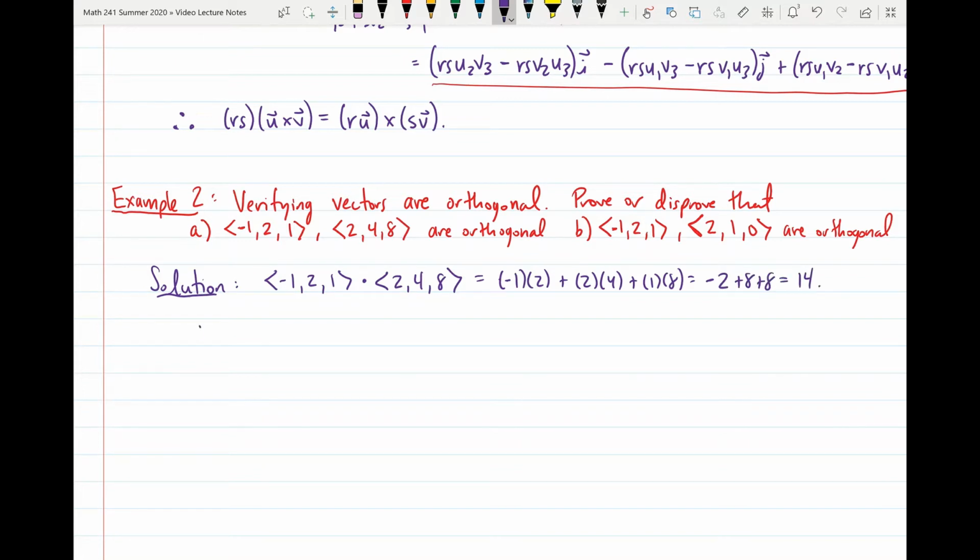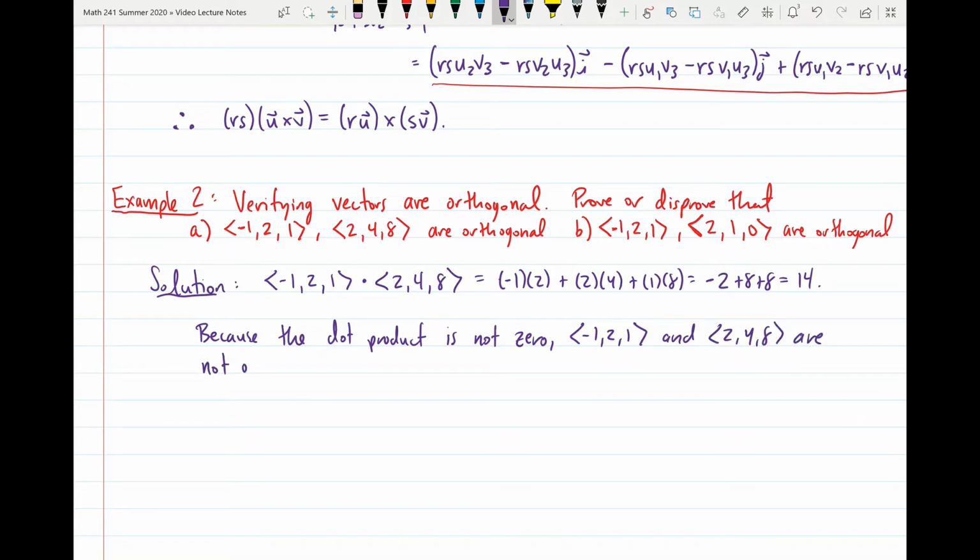And now we would just say, because the dot product is not 0, -1, 2, 1 and 2, 4, 8 are not orthogonal. Okay, so that was part A.